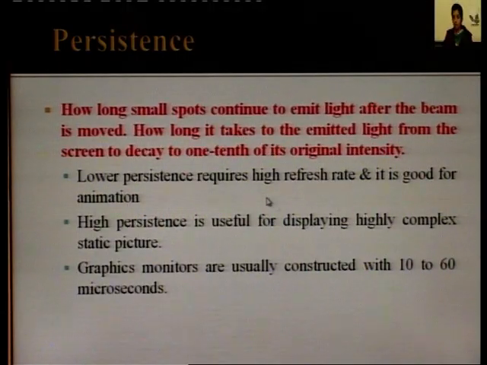That point must be noted. Higher persistence is useful for displaying highly complex static pictures. For animation pictures we require lower persistence, whereas for static pictures we require high persistence. Graphic monitors are usually constructed with 10 to 60 microseconds.